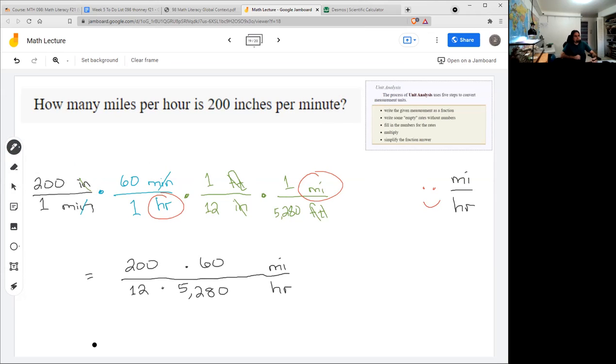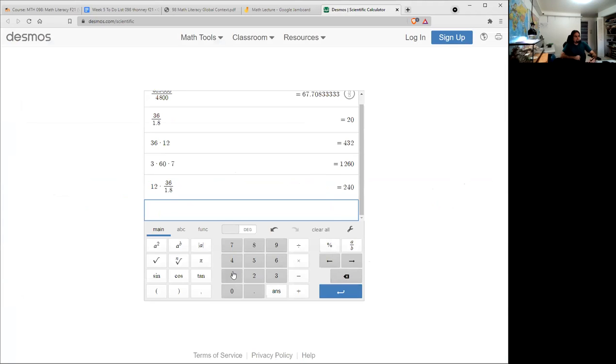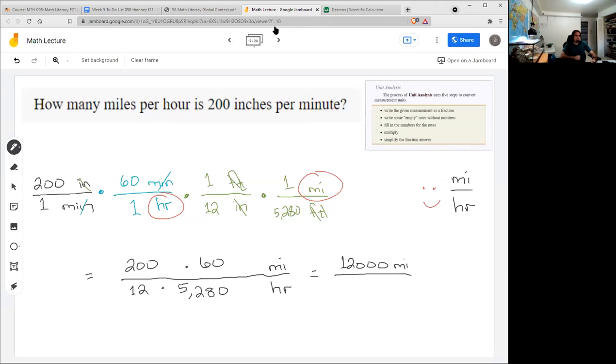And hours was the only thing not crossed out. So what is that? 2 times 6 is 12 with 3 zeros. And 12 times 5,280 gives me 6,360.